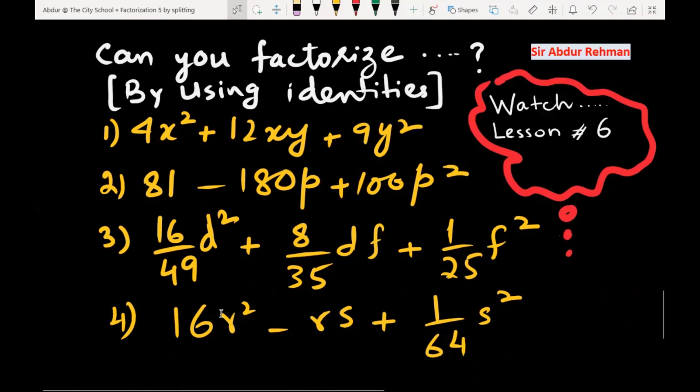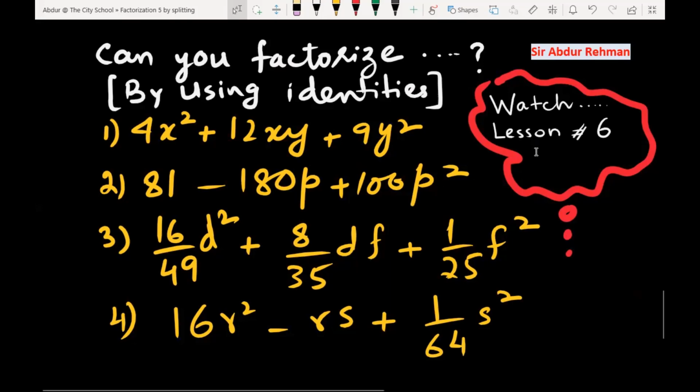Can you factorize these algebraic expressions? If you can factorize, you can check your solution in lesson number 6. If you cannot factorize these types of algebraic expressions, watch my upcoming video lesson number 6.